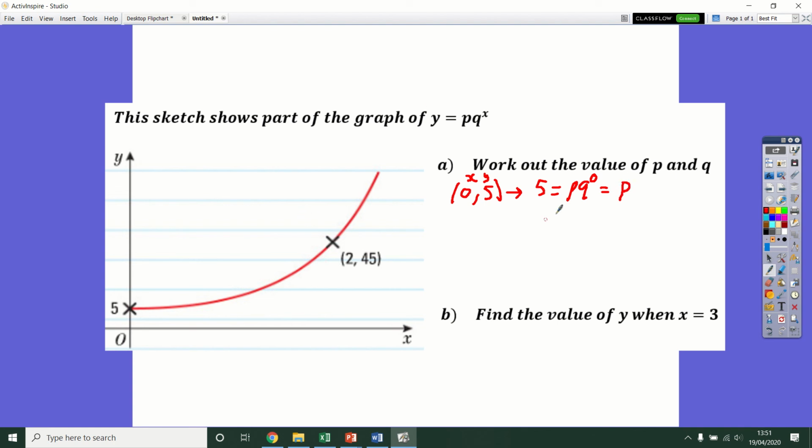The second point is 2, 45. I can use the information in the previous line as well, but let's plug them in first of all. So 45 is y, and that goes there. P I'm going to replace in a second, but q is now raised to the power of 2. Let's replace our value of p, because we know it's 5.